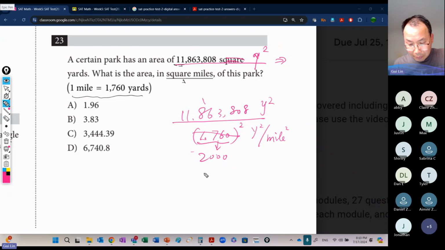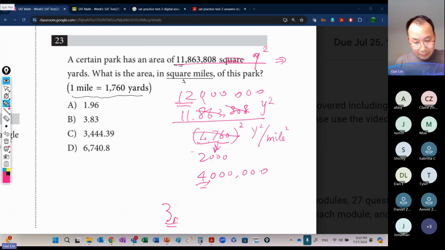So the square will be close to 4, right? All right. So we can make this one close to 12, right? So 12/4, so around 3. This one will make it bigger, so it means this number should be a little bit bigger than 3, around 3, but bigger than 3.